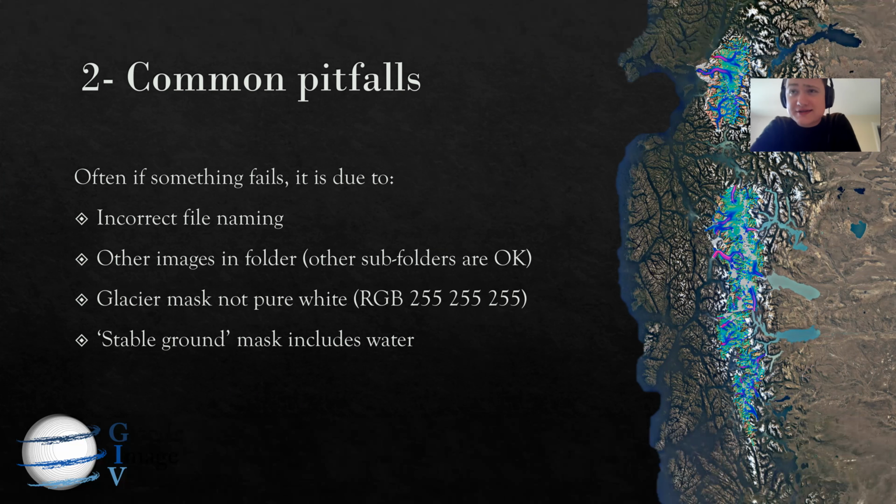And a common issue with a stable ground mask is introducing a lot of noise into the data set by accidentally including water in the stable ground mask. Because water naturally has no persistent features, it can't be tracked. However, if you include water in your stable mask, you often risk biasing the results towards whatever noise was in that water.